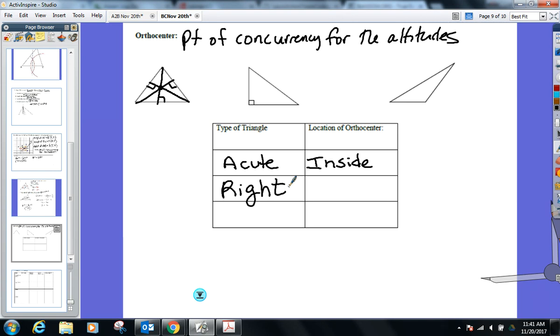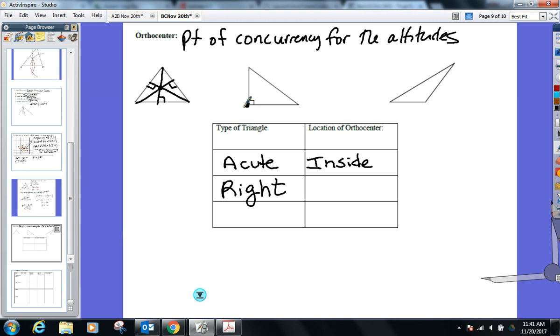Do you guys remember when I went over this with altitudes on problem D, I believe? Where are 2 of the altitudes on a right triangle? The legs, right? So here's an altitude. Here's an altitude. Guys, where do they intersect? Boom, right here. Don't they intersect right there? And if I found the third altitude, still going to be right there. So how can you tell me where the orthocenter would be in a right triangle? Because it's right here.